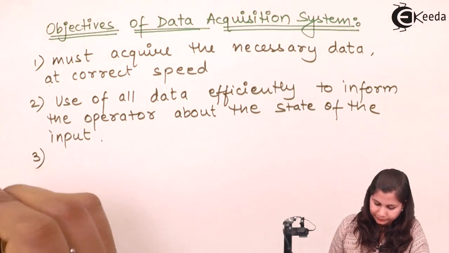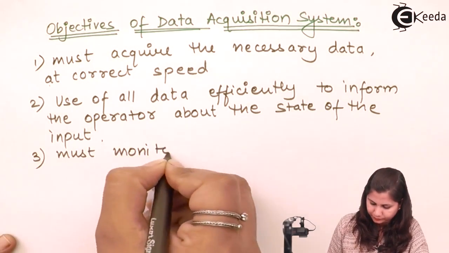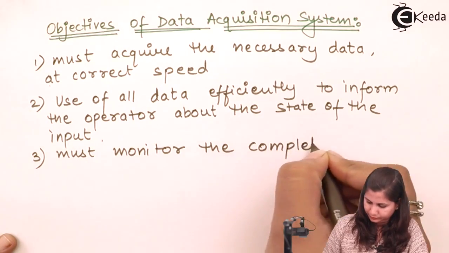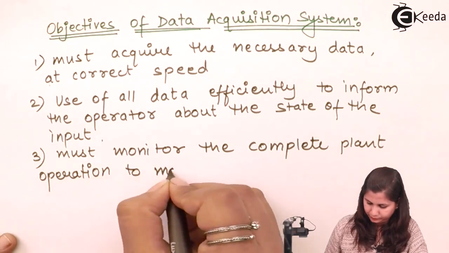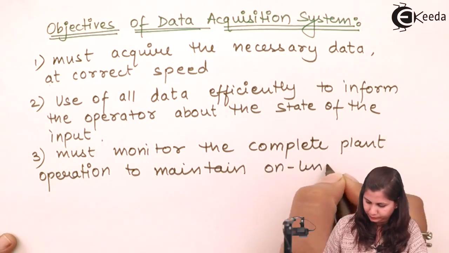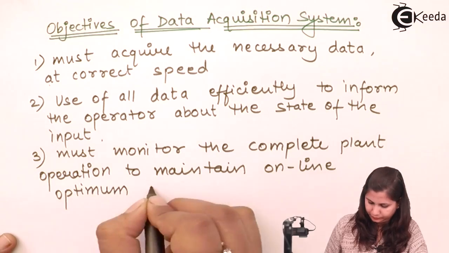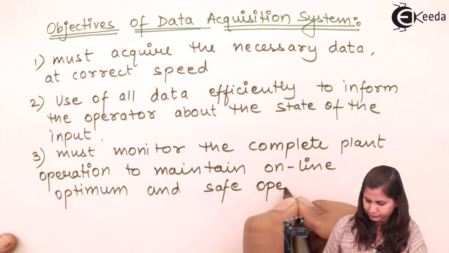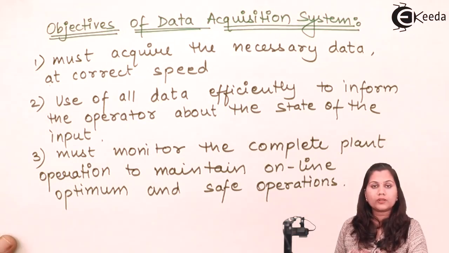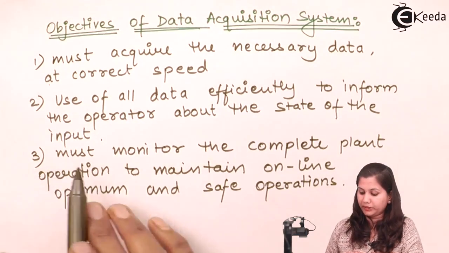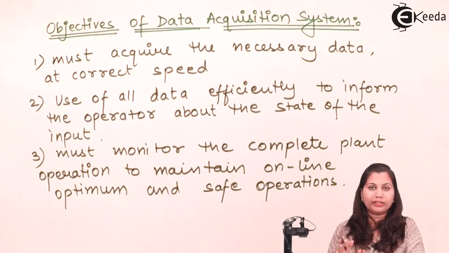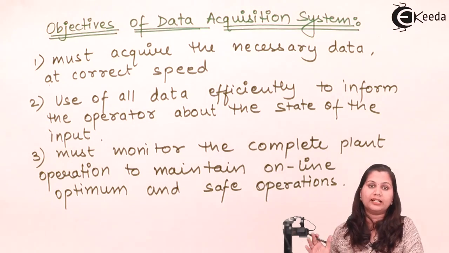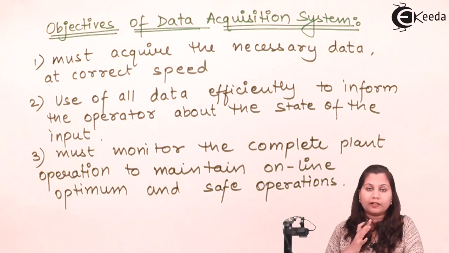Okay. Also the data acquisition system should be able to monitor the complete plant operation, because it involves different subunits: signal conditioner, transducer stages, multiplexing stages, conversion stages.